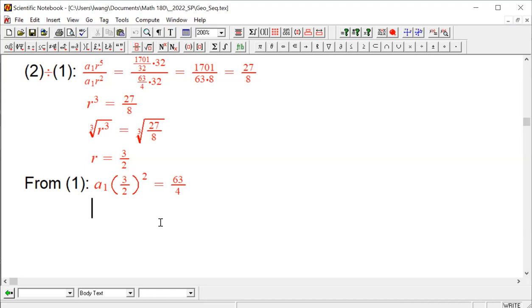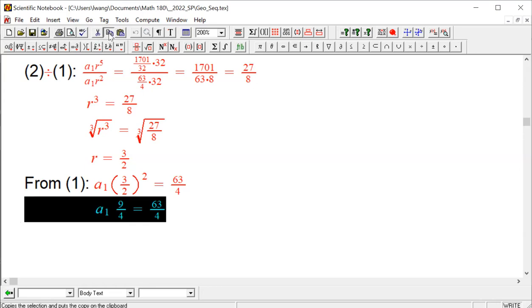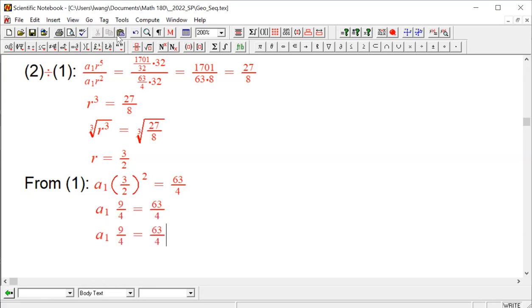Okay, so we're going to simplify that. We're going to get 3 to the power 2, that's going to be 9, so this is going to give us 9 over 4. And then we can isolate a1.